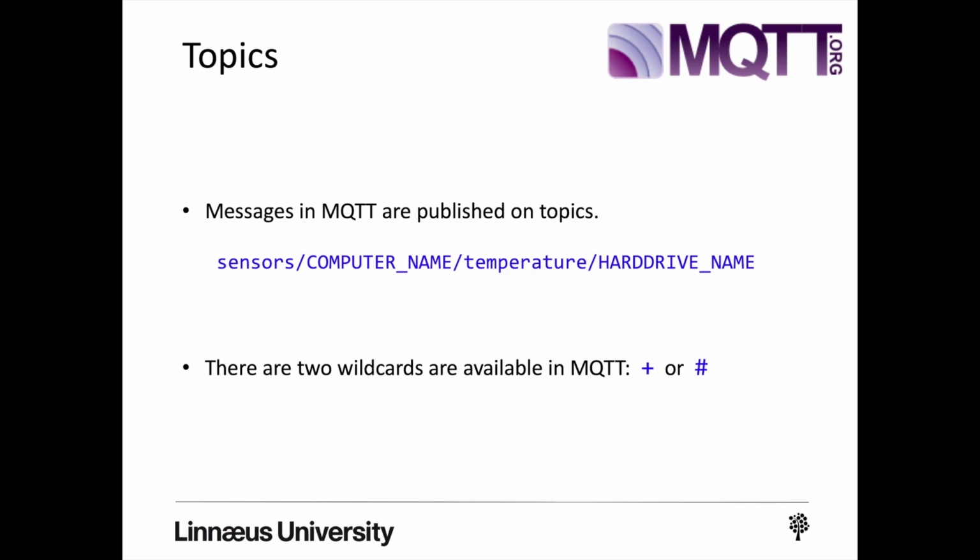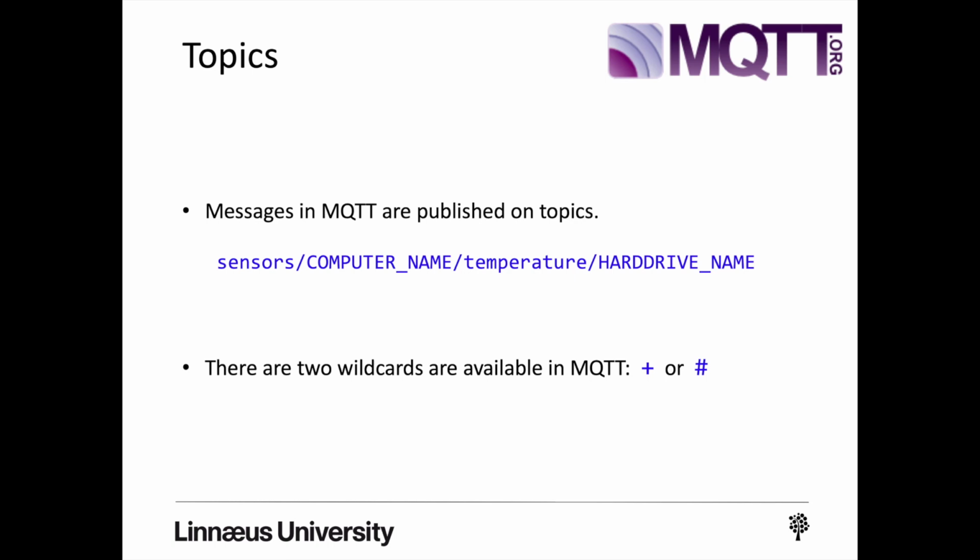In this case, for example, you have sensors, then you have the computer name from which you are reading the temperature of a hard drive. So here the sensors, the computer name, and the hard drive name are all different levels of the topic, and the forward slash represents the hierarchy.